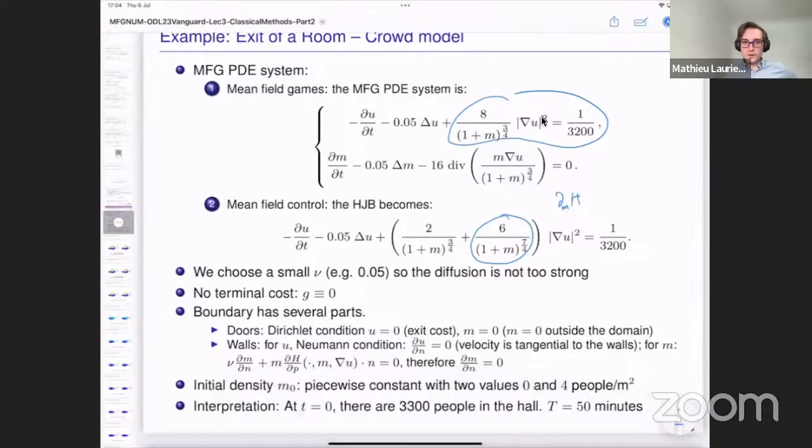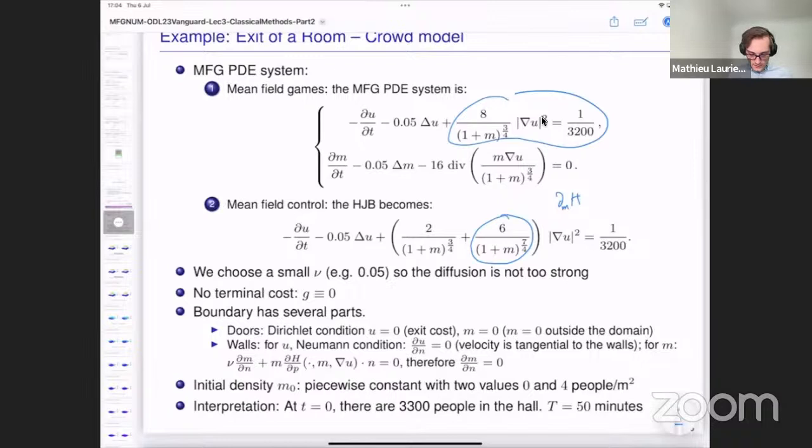We take a small viscosity coefficient, because in practice there is not too much Brownian motion when people move. Usually it's not very stochastic, except maybe when you are pushed around or something like this, but otherwise it's not very stochastic. So you want a small viscosity. And here we start by solving the problem with a high viscosity and then use a continuation method.